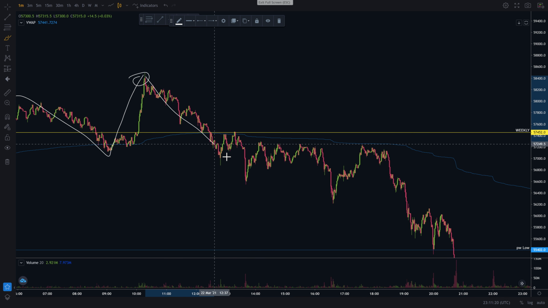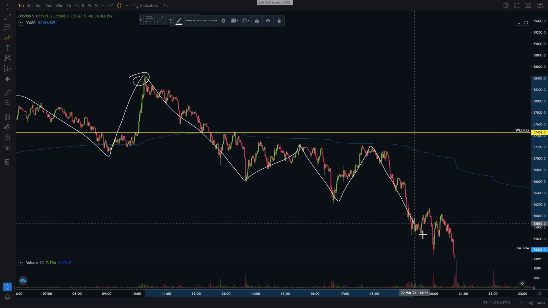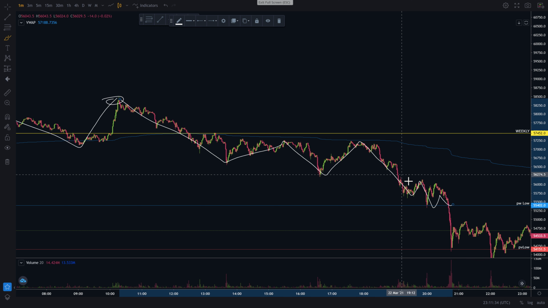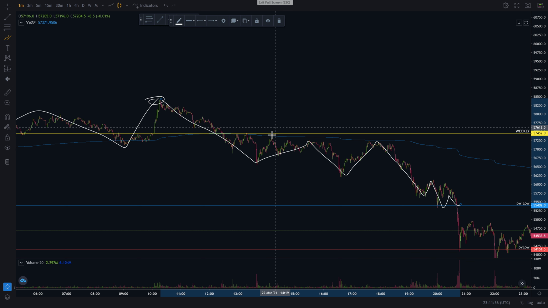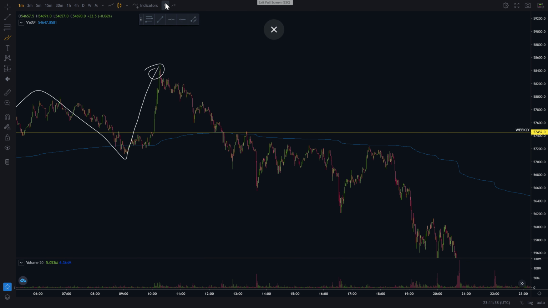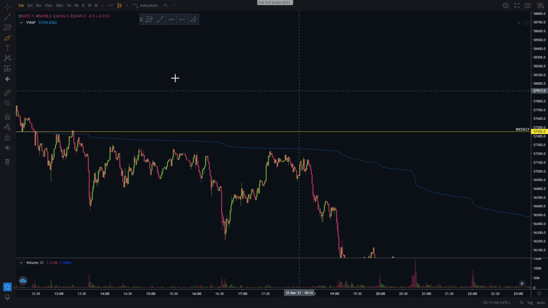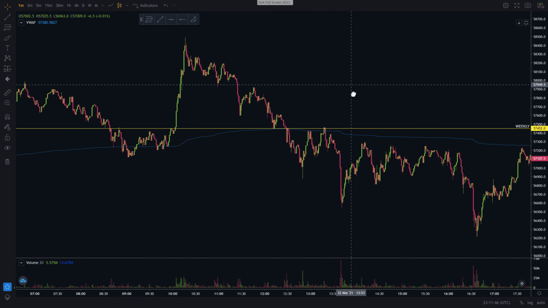So since then we went down. We've made lower highs, and again we are in a very strong downtrend. You could not breach even one high and change your structure. We can even zoom in because we are scalpers.